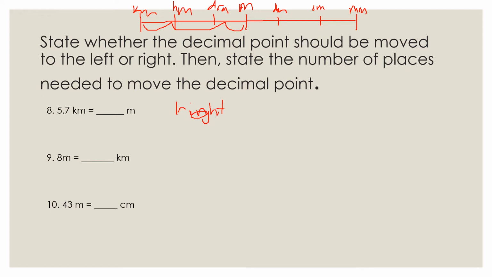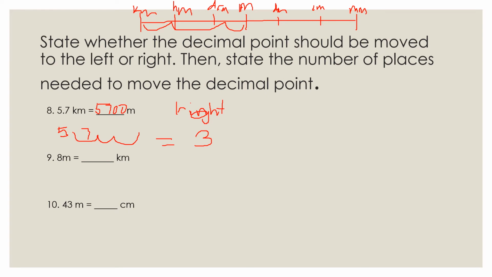So ilang places tayo? So this is 5.7. So from kilometer 1, 2, 3. So your final answer is 5,700. So because we need to move 3 spaces to the right. Okay?